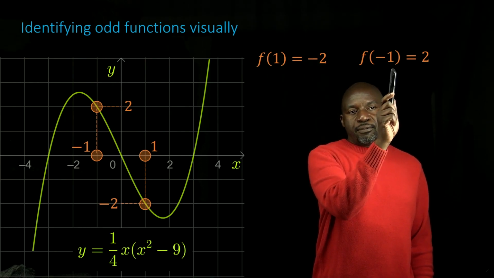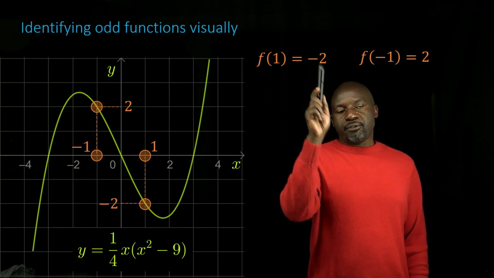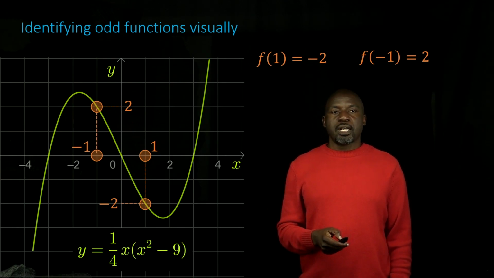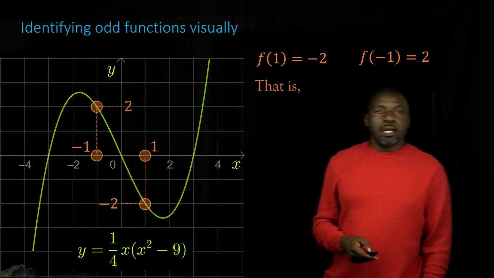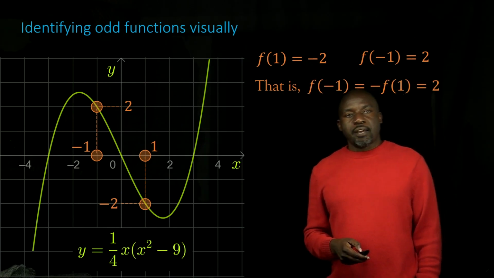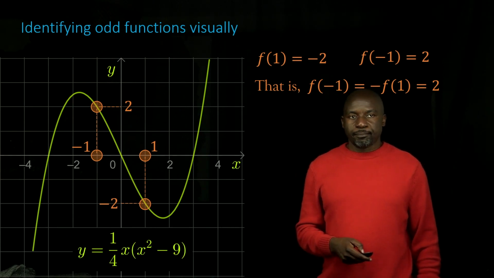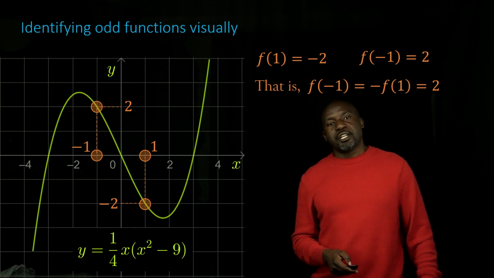The negative of 2 is going to be negative 2 here. We can look at other examples similarly, but we can conclude here that f of negative 1 is the negative of f of 1. This is essentially enough. You can try other values and see that you end up with exactly the same thing.